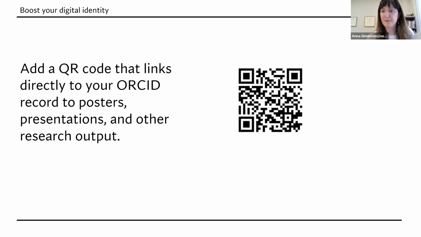Yes, I see that we have a question. Logan, go ahead. Hi, can you hear me? Yep, I can. I got a quick question. So obviously with the name and everything can be linked. Now, if for some reason you get married or divorced or, you know, things happen in life, how does that work with being linked that way? Yep, so you'll see in the ORCID record where you can put your other names if you so choose.